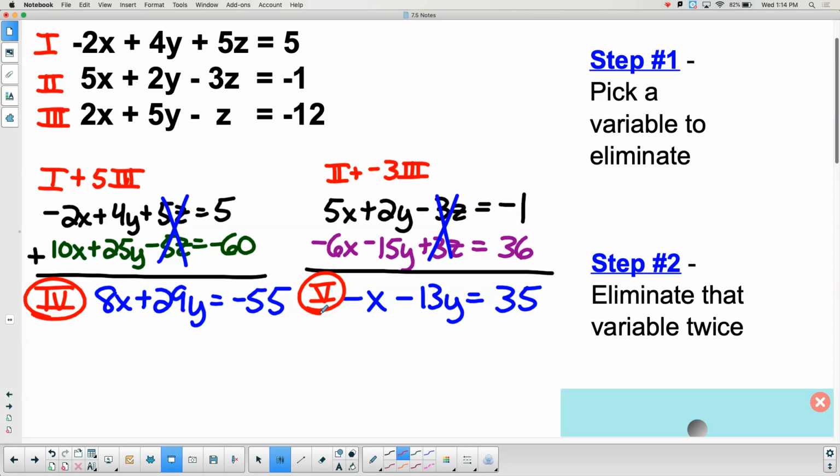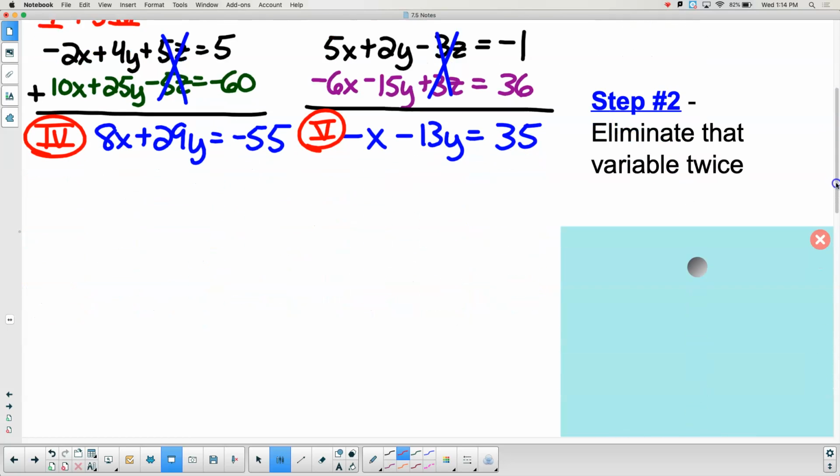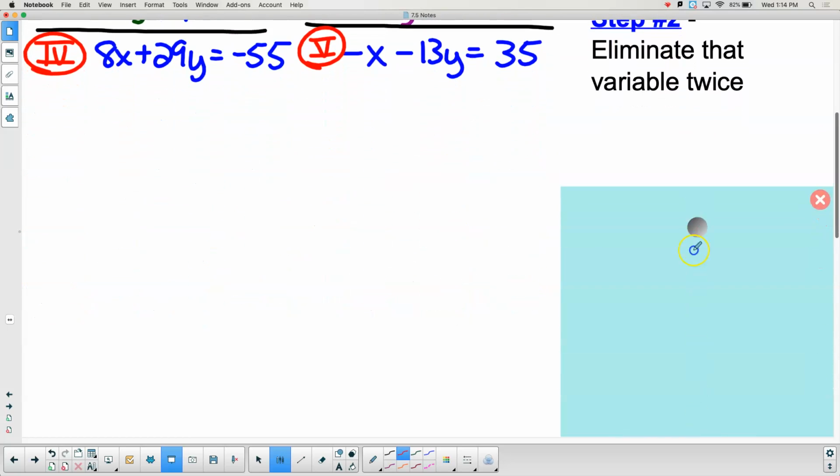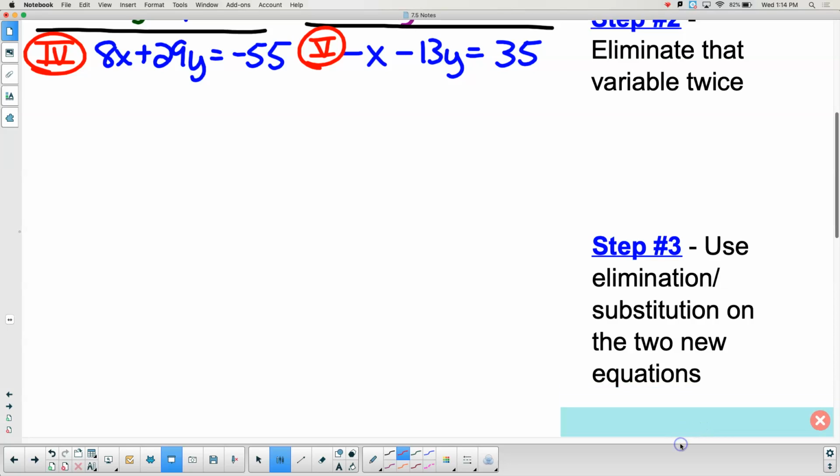But we're going to take those two new equations, yep, and we're going to work those two now. What do you want to do? Substitution or elimination? Leo, you pick. Elimination. What variable do you want to eliminate?